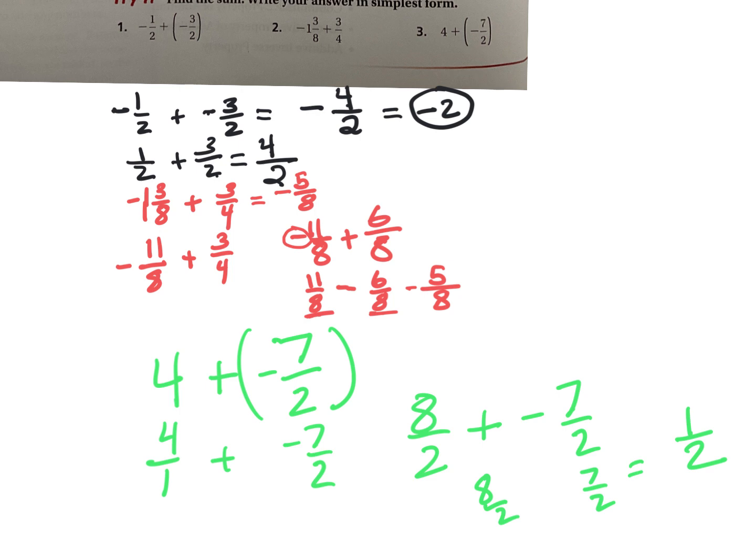So this one right here is bigger. So I go with the sign of what 8 halves is. And it is a positive number. So it's a positive 1 half. 4 plus negative 7 halves equals 1 half.